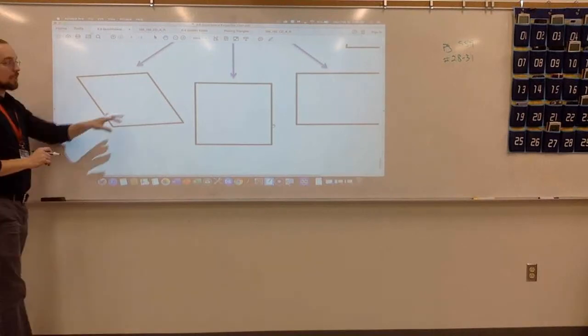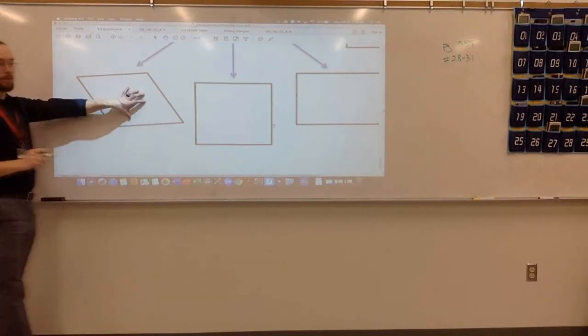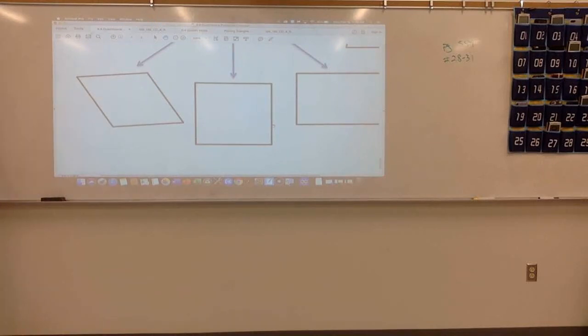And so over here, on the left side of that paper, is a rhombus.